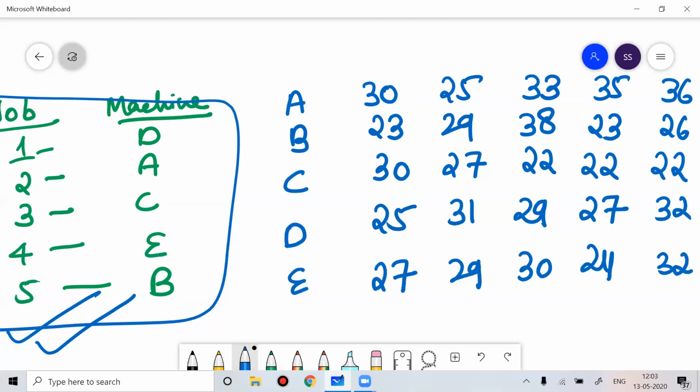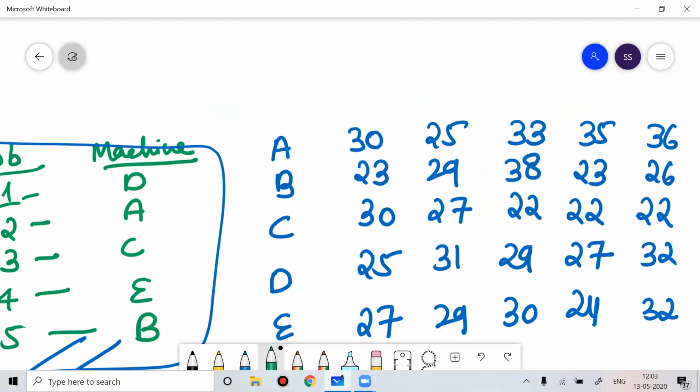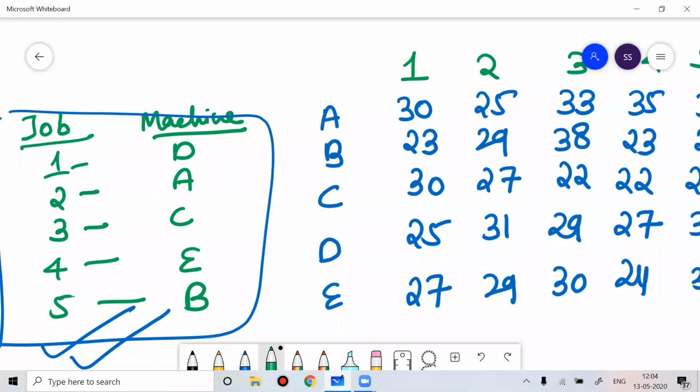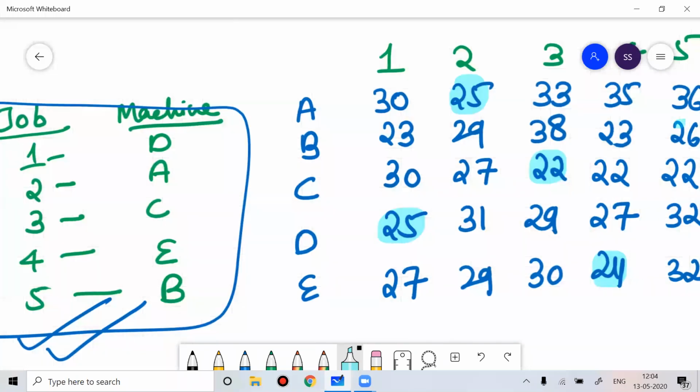So these are the machines, and these are your jobs. This is job 1, this is job 2, this is job 3, this is job 4, this is job 5. Now if you see, job 1 will be done by machine D. Job 2 will be done by machine A. Job 3 will be done by machine C. Job 4 will be done by machine E. And job 5 will be done by machine B. So which machine will do which job?